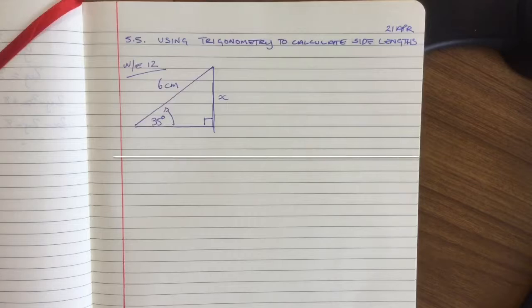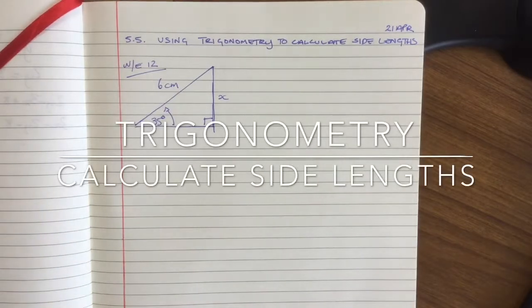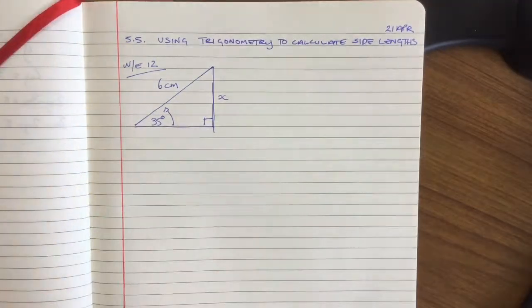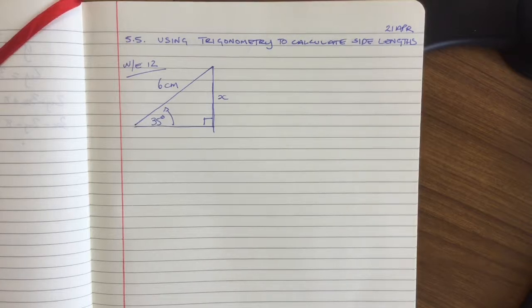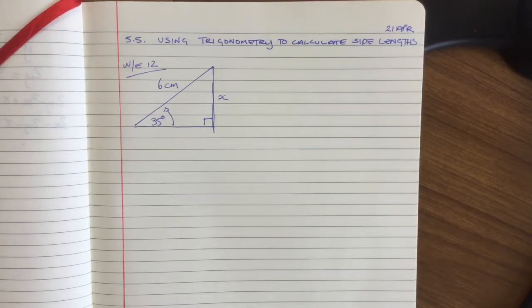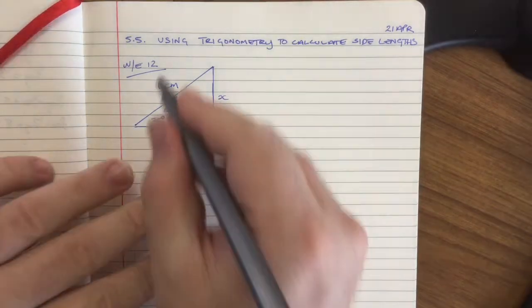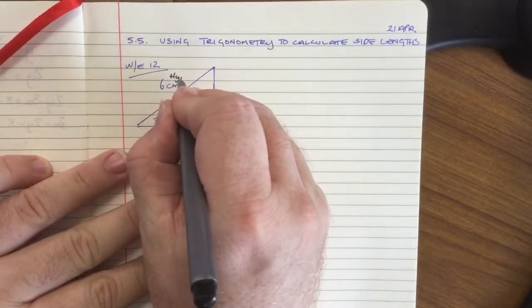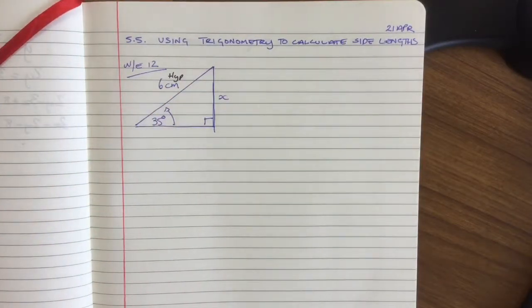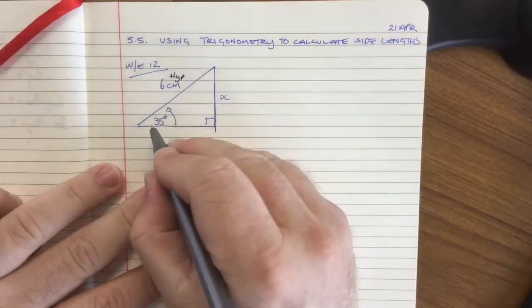All right, boys, so we're looking at using trigonometry to calculate side lengths here. This is worked example 12, exercise 5.5. A right angle triangle here. The first thing we need to work out is we probably want to label these sides and work out which side is which. The hypotenuse is obviously the longest side and directly opposite the right angle. Here's our angle.